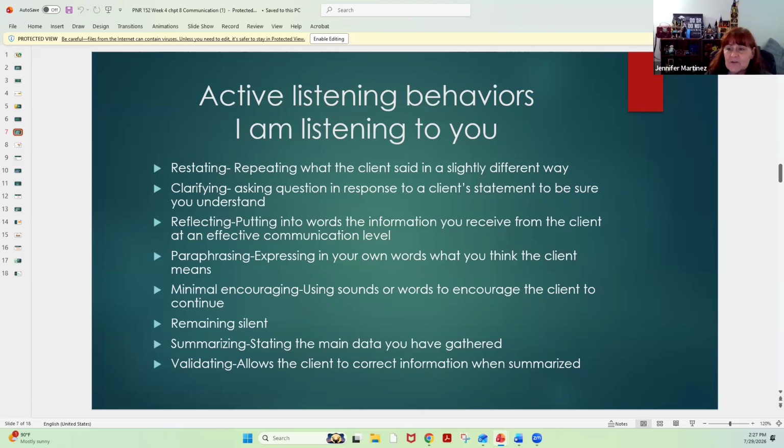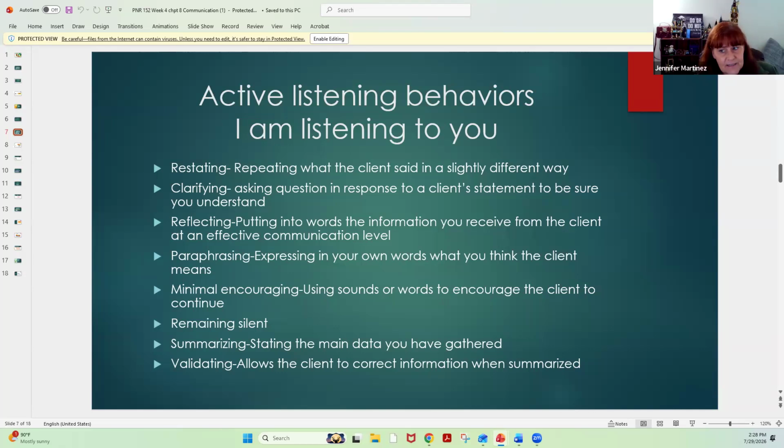Minimal encouraging: these are sounds or words or phrases to encourage the client to continue. So the client starts telling a story, and it's not really interrupting, but you're like, uh-huh, go on, yeah, okay. Basically, without saying tell me more, you're saying tell me more.